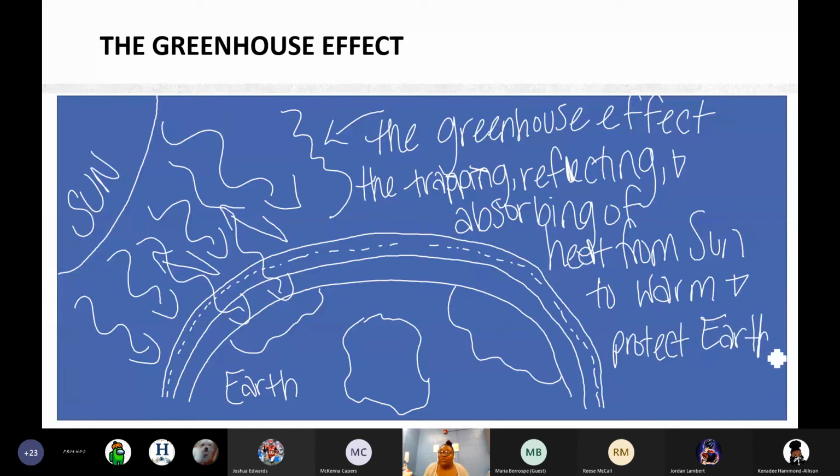And guys, this is using that ozone layer. That's why that ozone layer is so very important, okay?